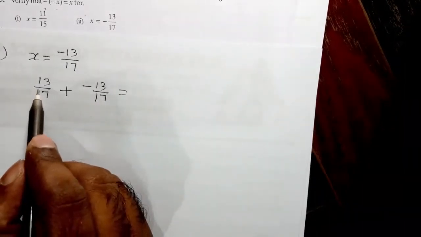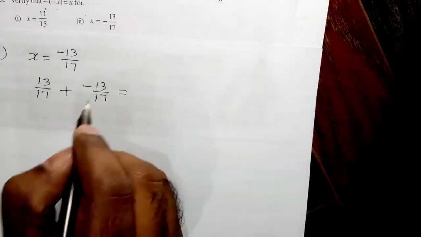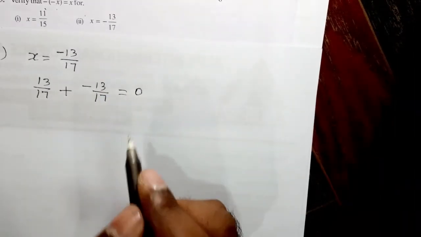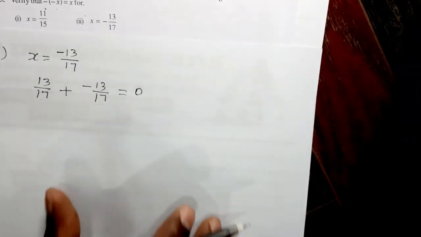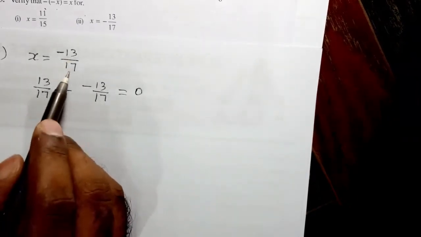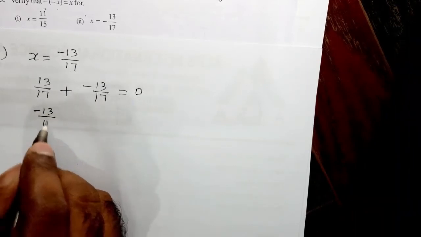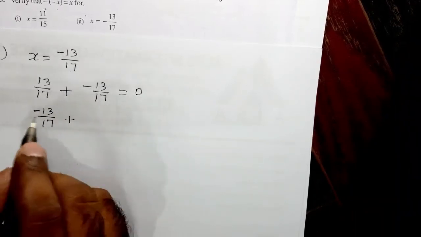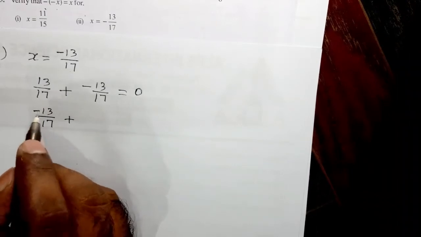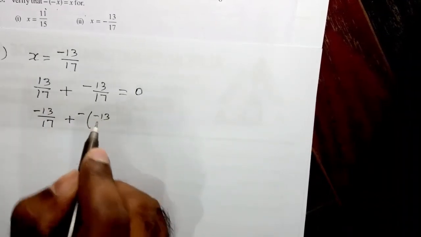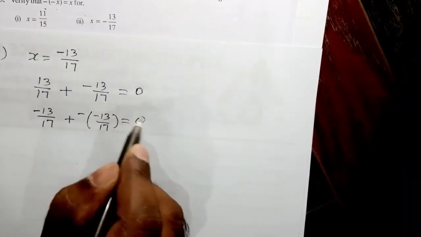One is positive, one is negative, same digits, so it will be equal to 0. This is the additive identity. Now first we write minus 13 by 17 plus, what will be the inverse of this? By giving one extra negative. Already one negative symbol is there. So we get the answer 0.